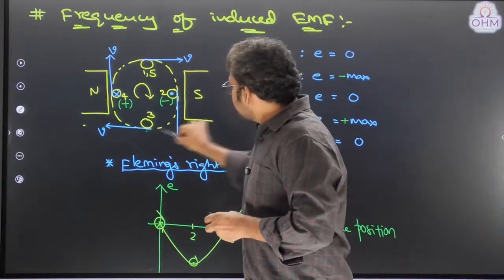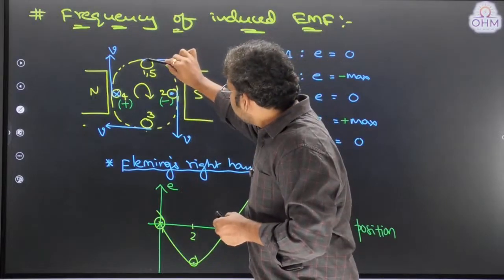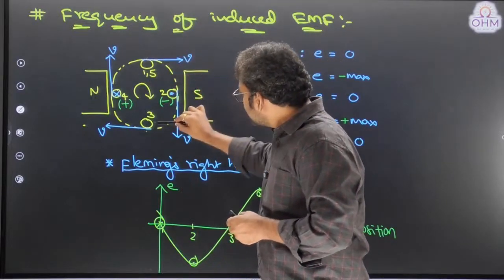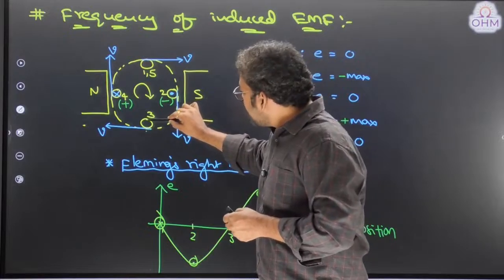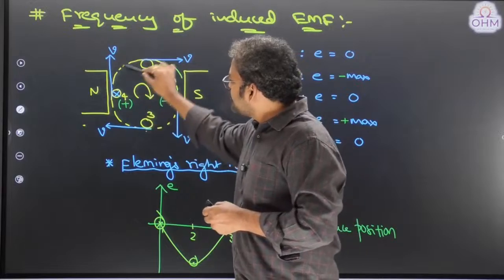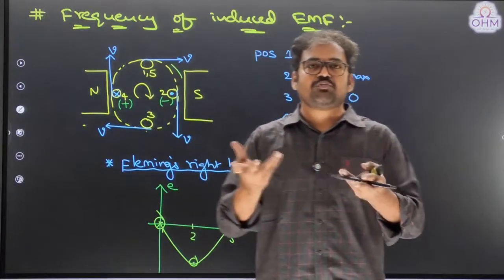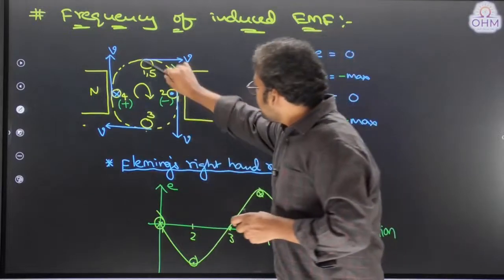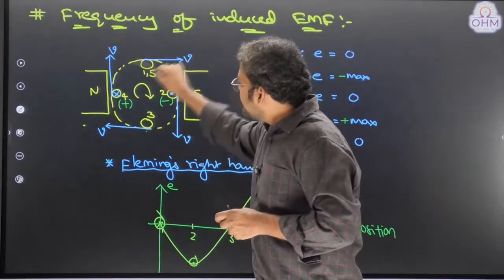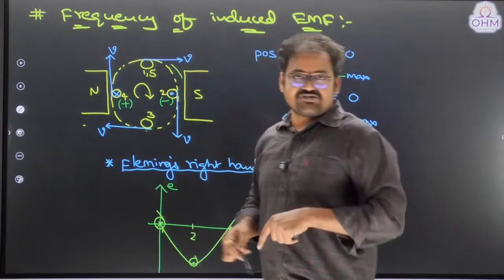When you rotate the conductor in a clockwise or anti-clockwise direction, for a certain period of time the conductor is under south pole. Next half period, the conductor is under north pole. Again south pole, north pole, south pole, north pole. And we know north and south means two opposite polarities. Therefore, when you revolve the conductor in this magnetic field, the conductor is facing alternating magnetization.